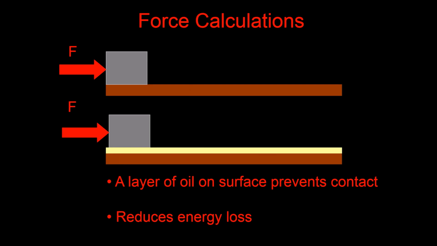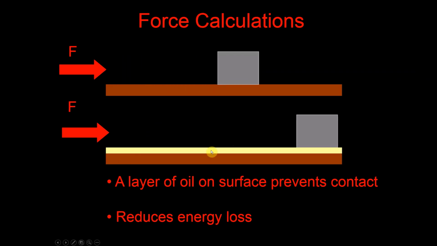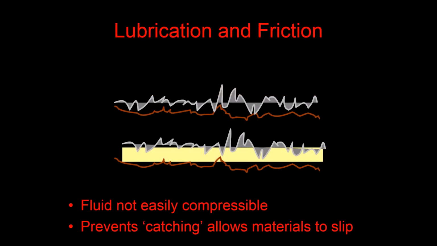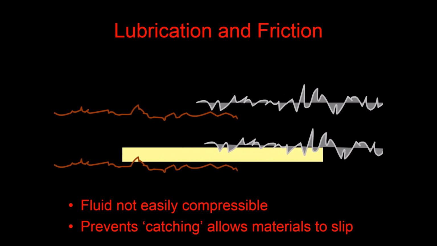So in the first case, we're looking at the full effect of friction. In the second case, this object will slip on this fluid and it will prevent contact between the wooden surface and the steel block. And that means those little undulations in each of the materials, in the steel versus the wood, are no longer catching one another as they do in the top case and are slipping over the oil that lies between them.